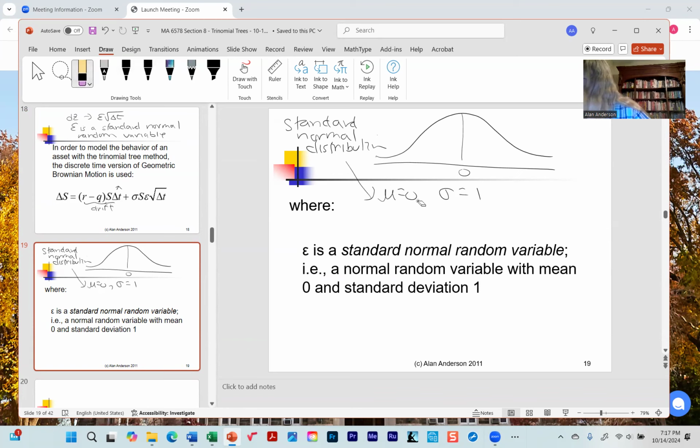Okay. If you look at any statistics textbook, there's going to be tables in the back letting us calculate normal probabilities, and those are all based on the standard normal distribution. This is a common distribution to use for calculating probabilities because it's very convenient. And so this is what it looks like. Okay, so epsilon follows this distribution.